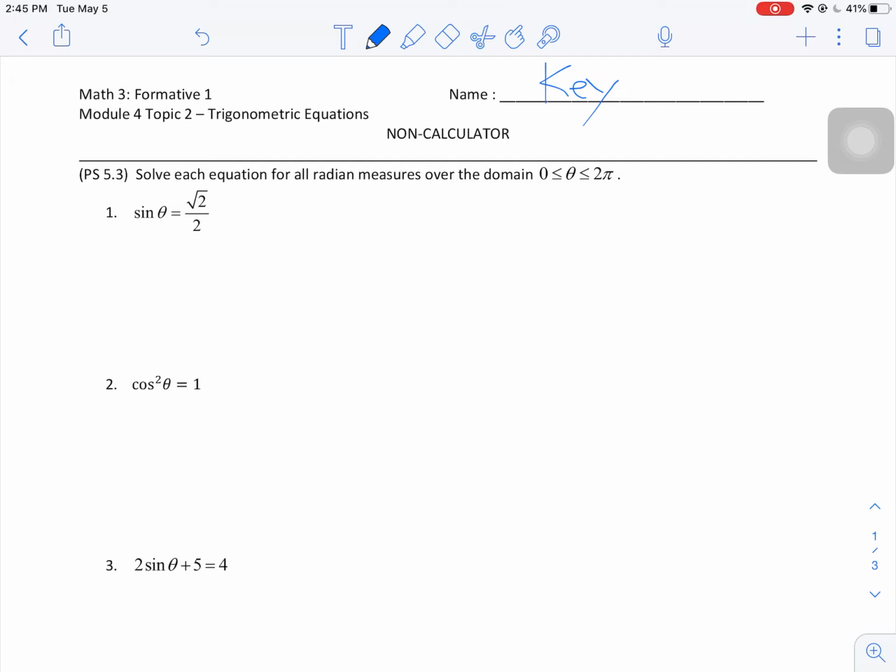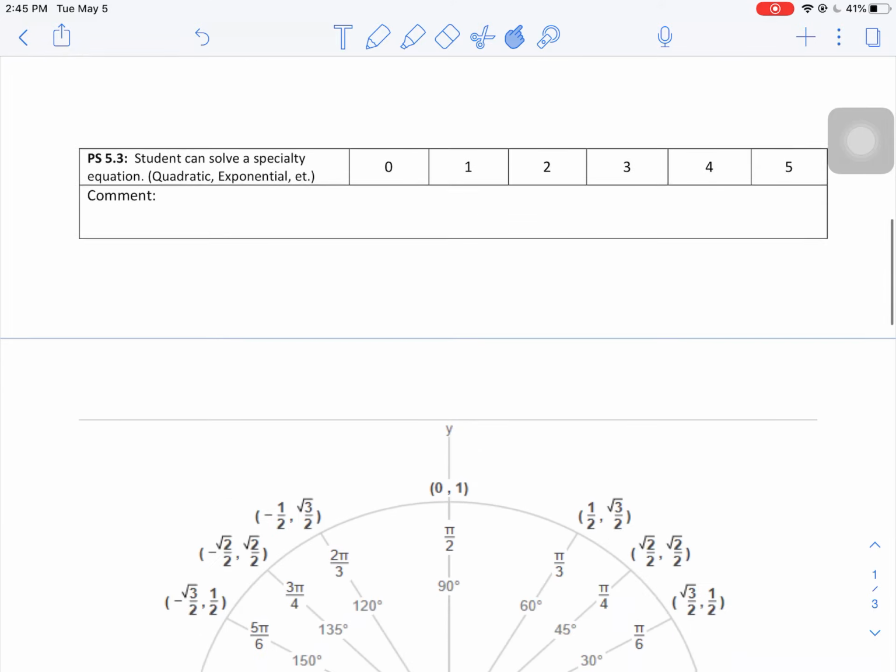On all of these problems, we are going to solve each equation for all radian measures over the domain 0 is less than or equal to theta, which is less than or equal to 2 pi. So on number 1, the sine theta is already all by itself on one side of the equal sign. And since sine is always y values off of the unit circle, we're just going to scroll down and look for y values that are root 2 over 2.